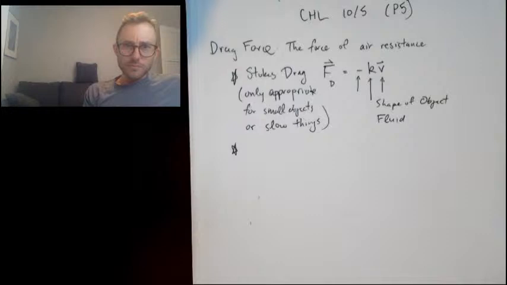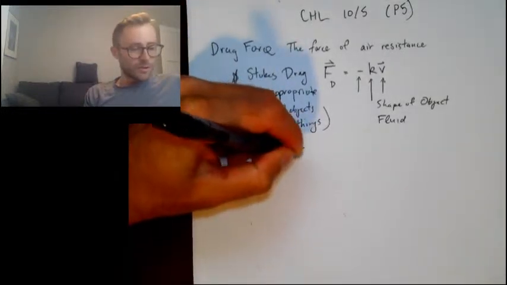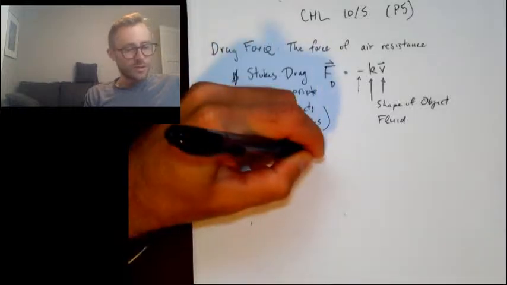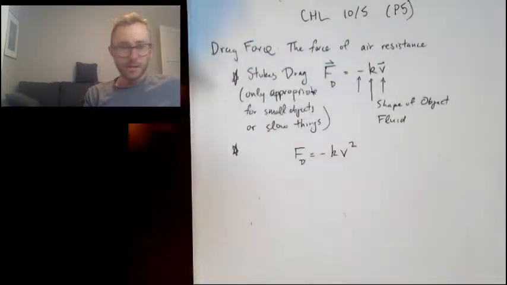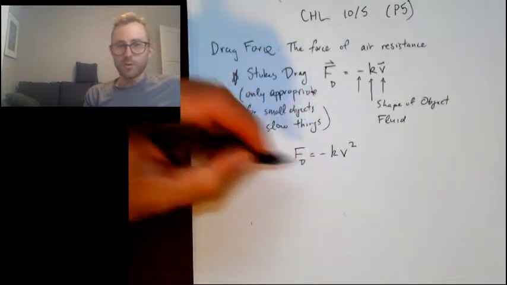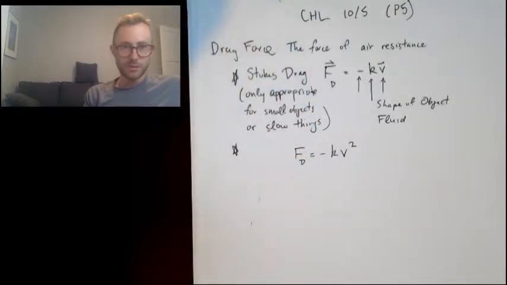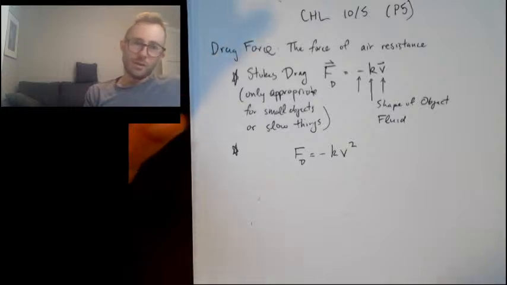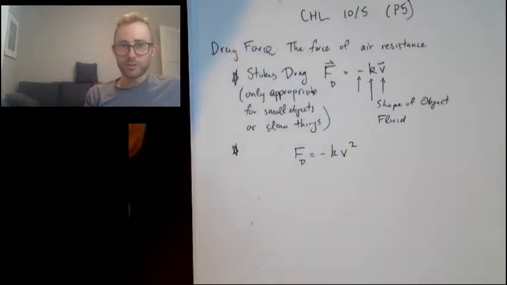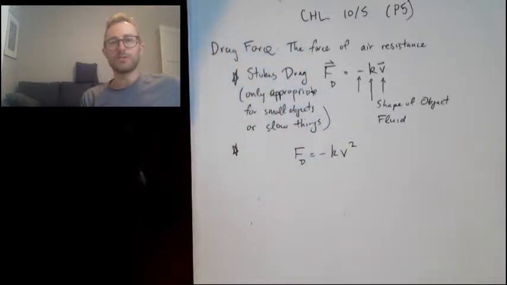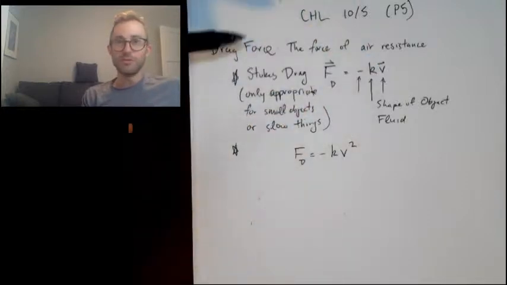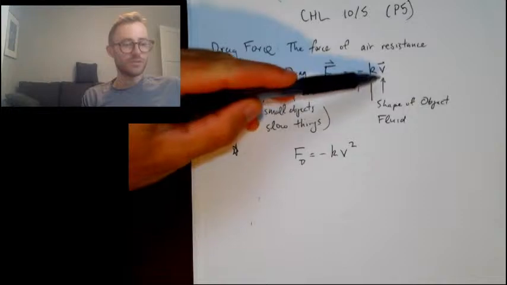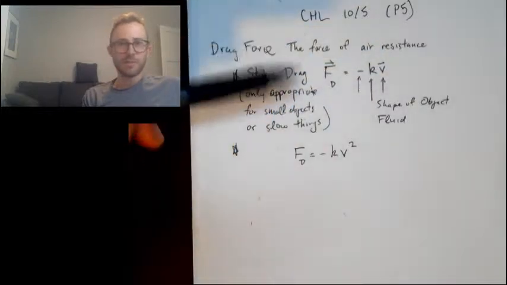A more realistic model is you say that the drag force is equal to a constant times the speed squared. This is more appropriate to a wider range of situations. So things like airplanes have a drag force that depends quadratically on the speed. So for Stokes drag, if you double the speed, you double the drag force because it's linearly dependent on v.